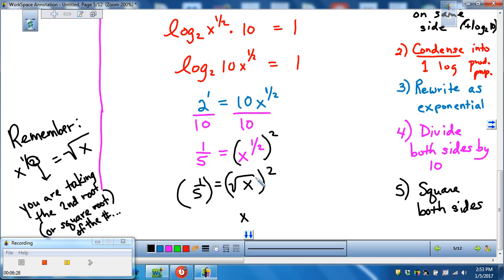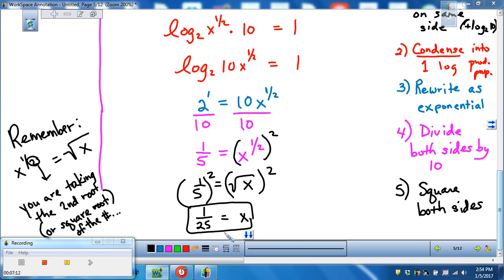When I square the square root of x, I just get x. So x to the first power, or just x, is equal to 1/5 squared. 1/5 squared is 1 times 1, 1, over 5 times 5, 25. So my answer is x equals 1/25.